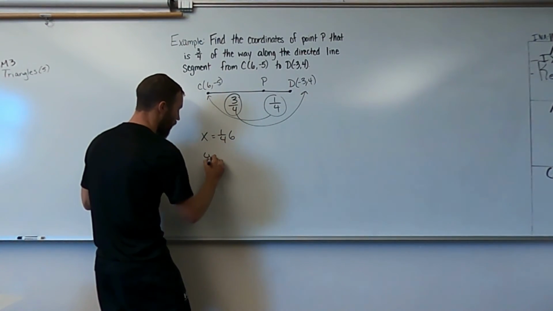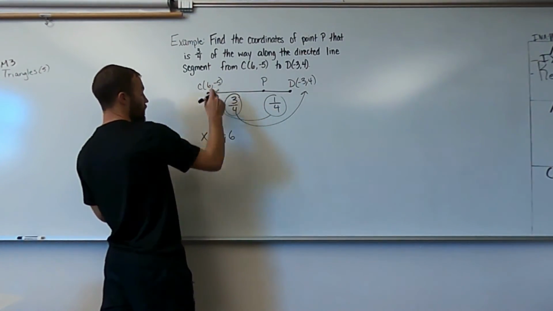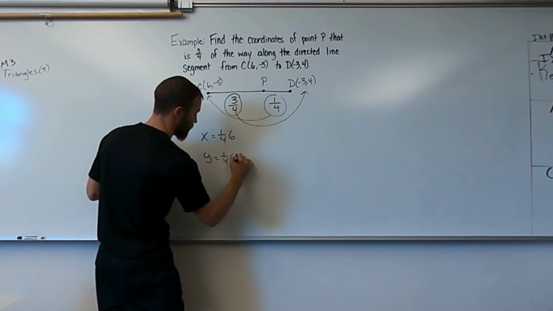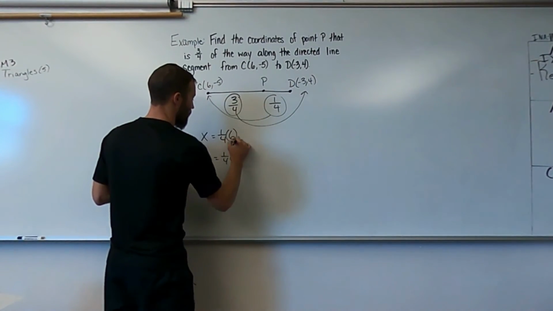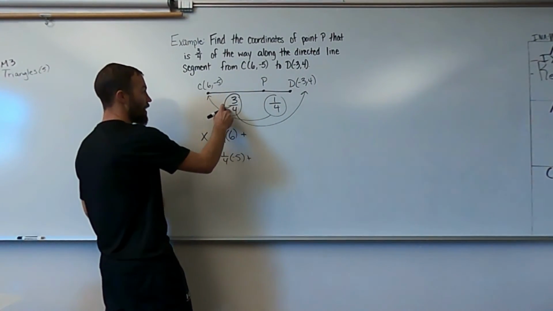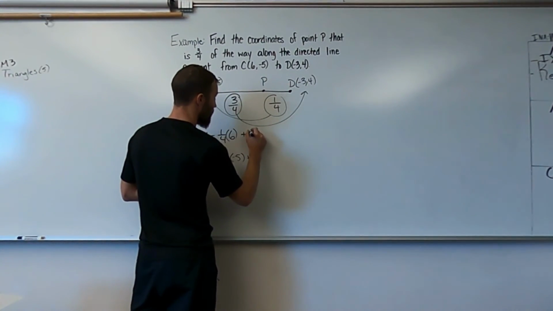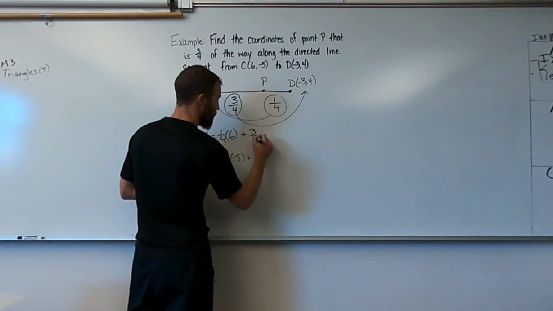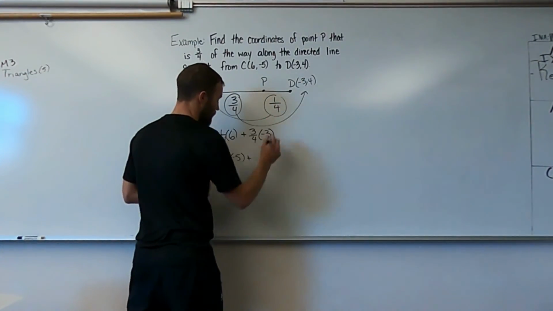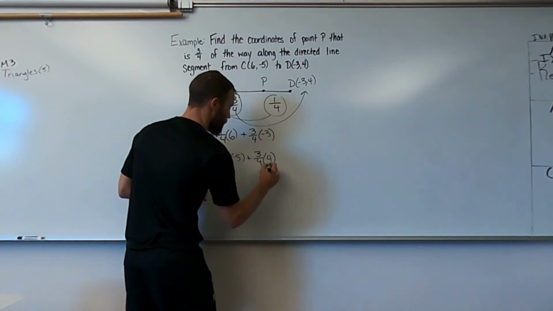And then my y value for that same one is going to be 1/4 times -5. Okay, and next I'm going to add that to the other one, which now we're going to look at 3/4. So 3/4 times -3 for our x value. And then 3/4 times 4 for our y value.